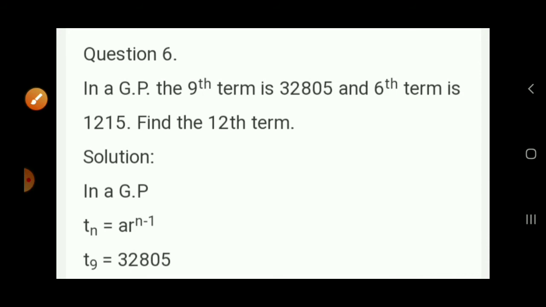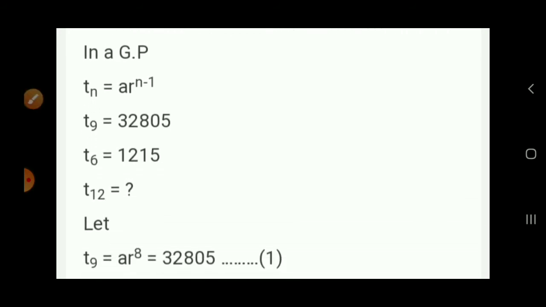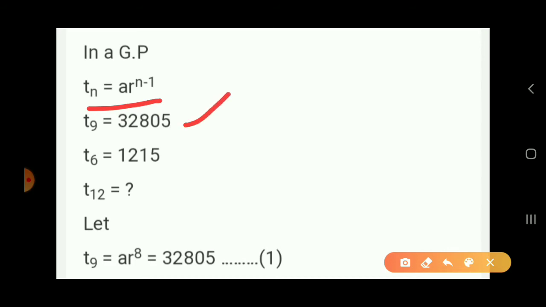So in this solution, in a GP we can use Tn is equal to A into R power n minus 1, because the nth term T9 is given and T6 is given, the 9th term and the 6th term, and the question asks for the 12th term.